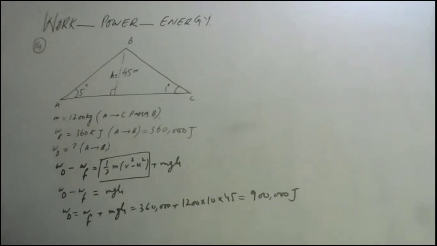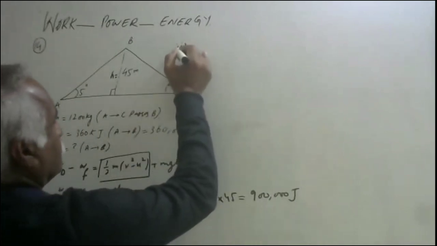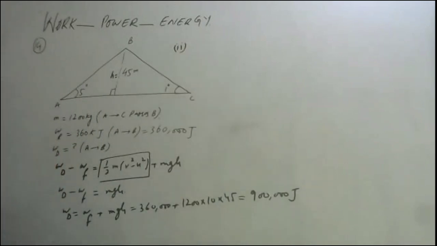Now we are starting the second part. Again, the work done by the resistive force is 360 kilojoules, which is constant.